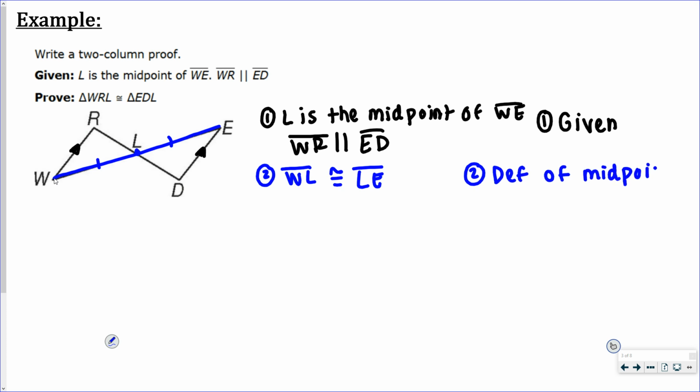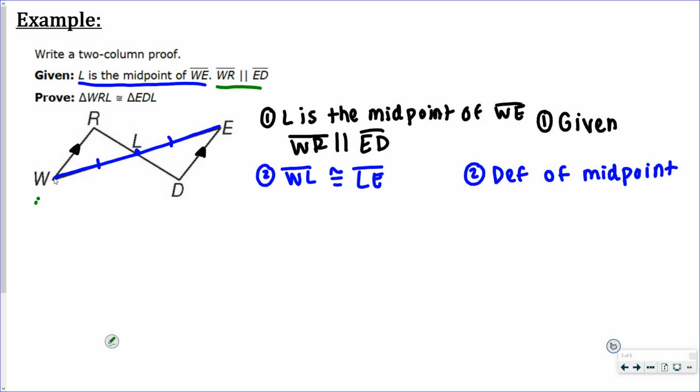Sometimes the textbook, guys, says midpoint theorem. That's the same thing as definition of a midpoint. You can use either midpoint theorem or definition of midpoint. It's kind of the same thing. Okay, so all I really know from that first statement is 1 congruent side. Now, obviously, this set showing me that they're parallel is going to help me show some other angle congruencies, right?